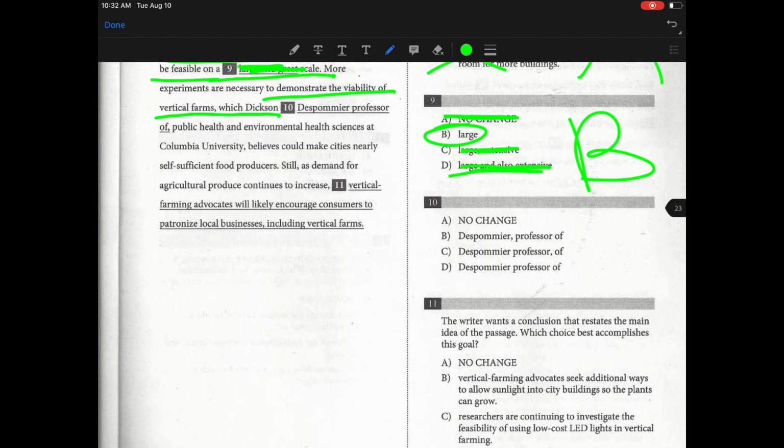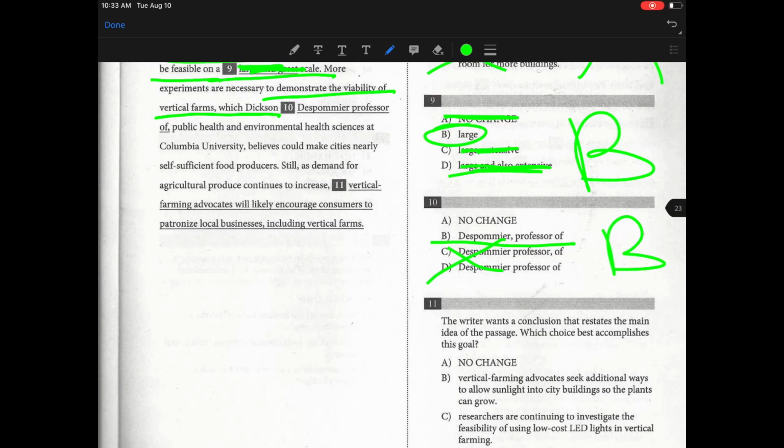So it should be Dixon Despommier, comma, professor of public health and environmental sciences at Columbia University, comma. So after his last name, we need to put a comma. And the only option that does this is option B, professor of, okay? That's what this is. We are going with option B. These all do not work, okay?